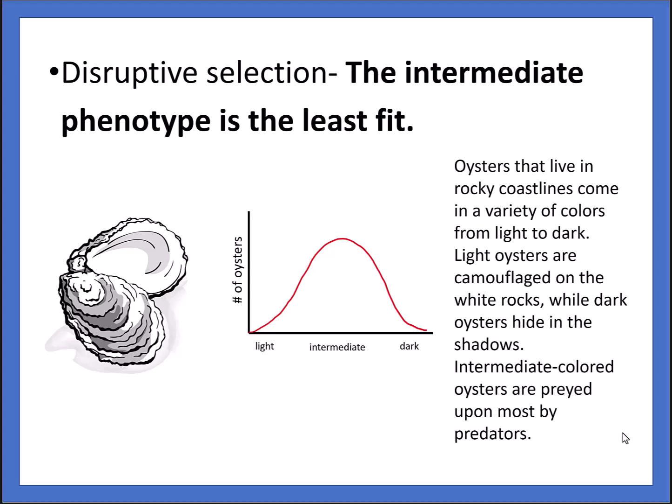Intermediate colored oysters are preyed upon the most by predators. So here the intermediate phenotype, the middle color, is the least fit. The extremes are selected for. They're going to survive better. And our graph is going to shift so that it decreases in the intermediate range and both extremes are going to increase. And that's called disruptive selection.